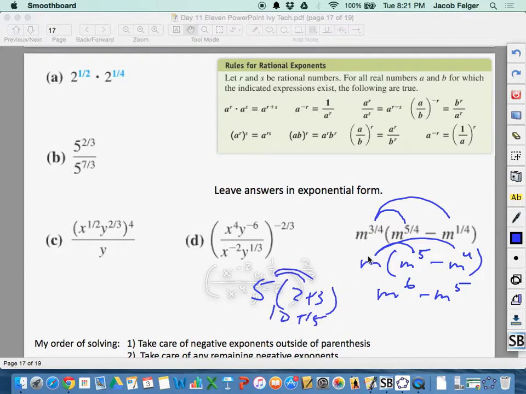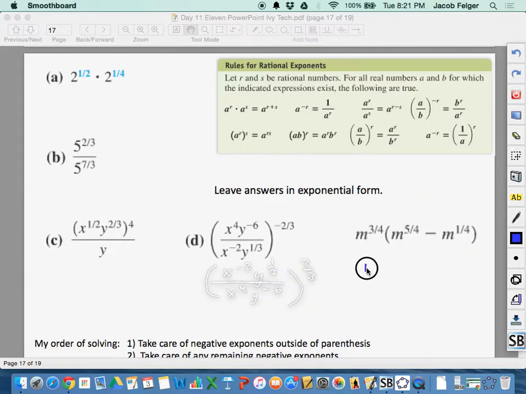But since they're exponents, you're going to add the exponents. So what is 3/4 plus 5/4? 8 over 4, and 8 over 4 is just 2. Minus, what's 3/4 plus 1/4? 4 over 4, which is just 1. So that nasty thing right there is just m squared minus m.